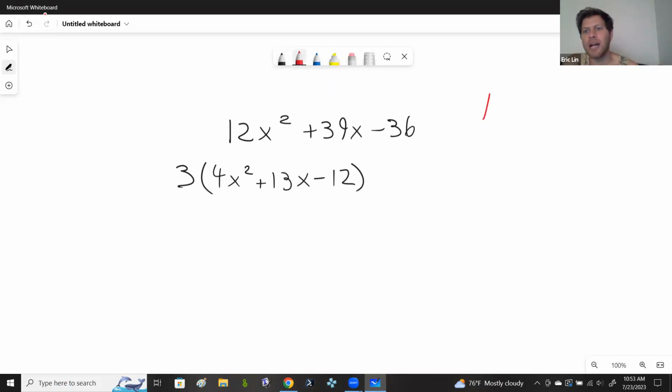So let's see, 4 times 12 for our a times c term, that is 48. Oh, I'm sorry, negative 48. The 12 is negative. So we have 2 numbers that multiply to give us a negative number, but add to give us a positive number, and a reasonably large positive number under the circumstances. So we know that one of our numbers is positive, one is negative, because otherwise, how are we going to multiply to get negative 48?